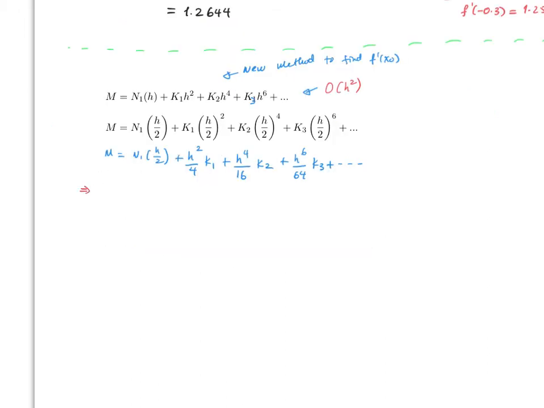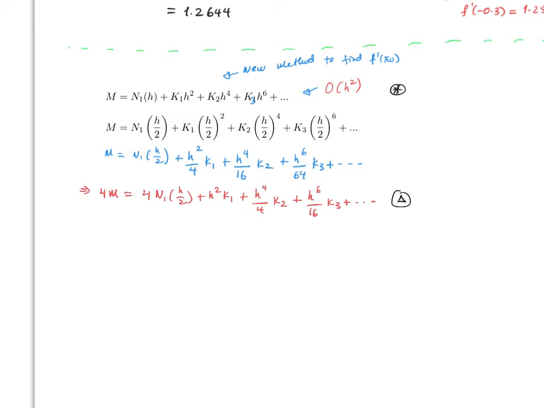If we multiply M by 4, we get the following: 4 N1(h over 2) plus h squared K1, h to the 4 over 4 K2, and then h to the 6 over 16 K3. Now let's call this equation star and this equation triangle.